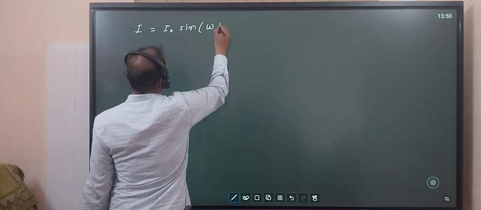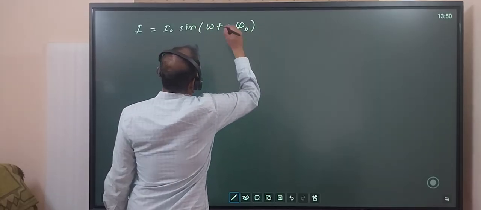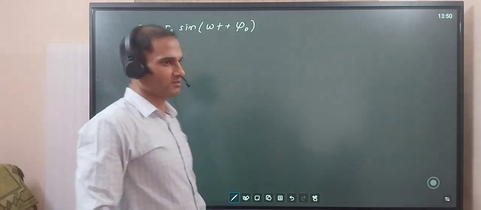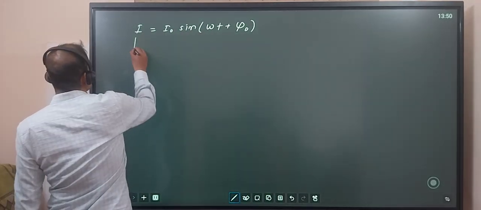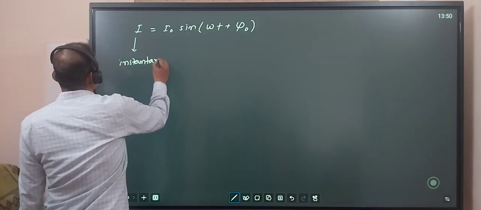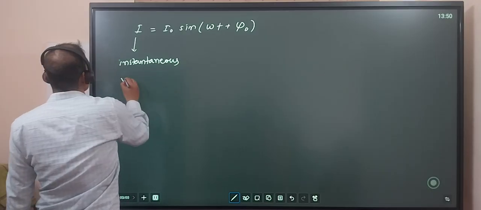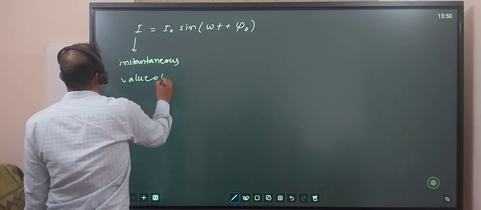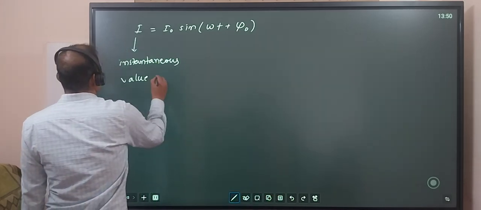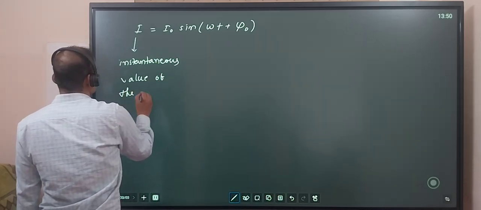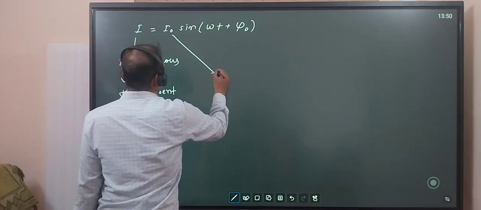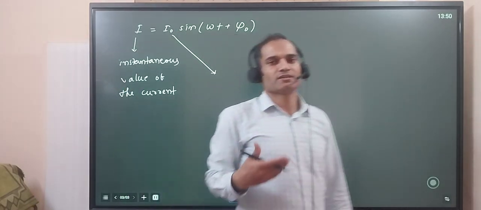sinusoidally changing current. Now it is time to discuss all these things involved here. This is the instantaneous value of the current, and this I naught, you can see that maximum current can be I naught.